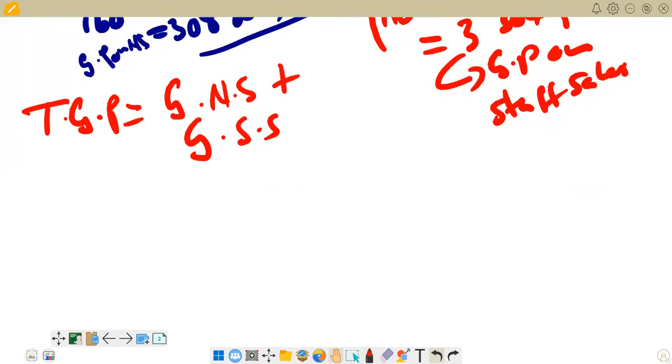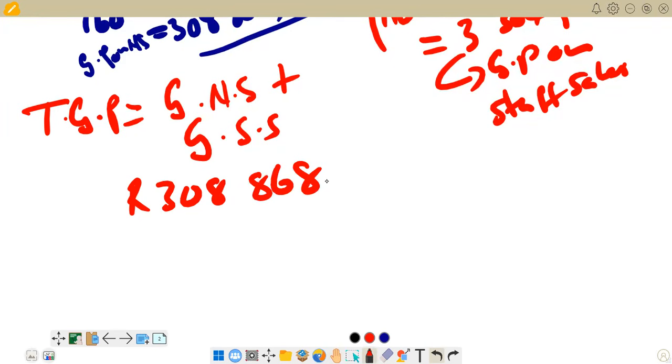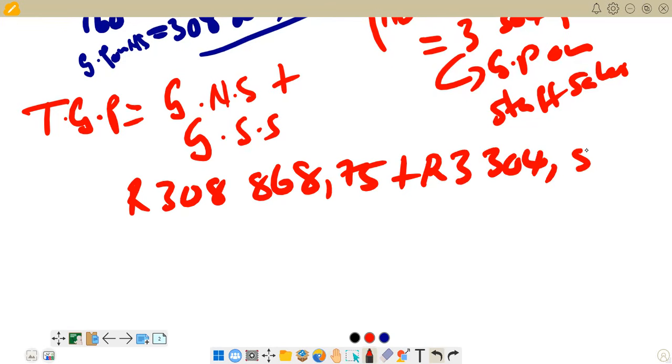So we are now saying 308,868.75, and then we add the figure that we have for staff sales, which is 3,304.55.